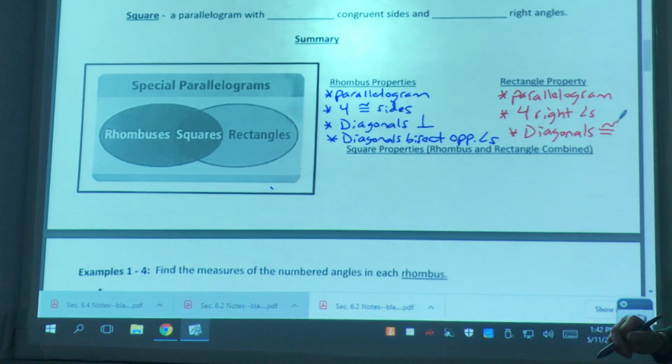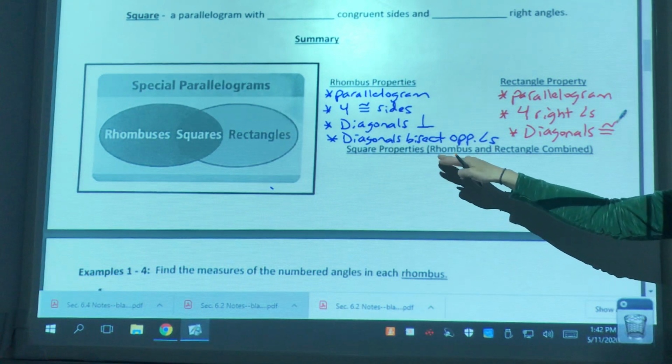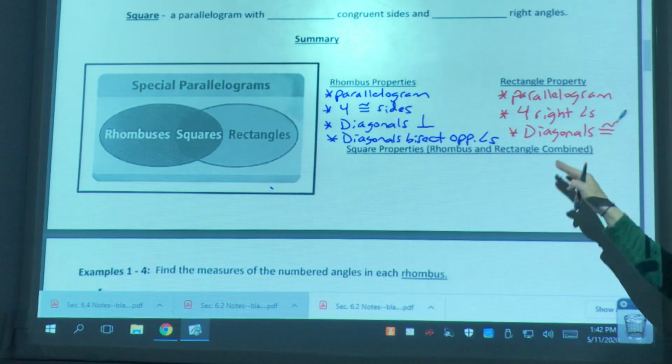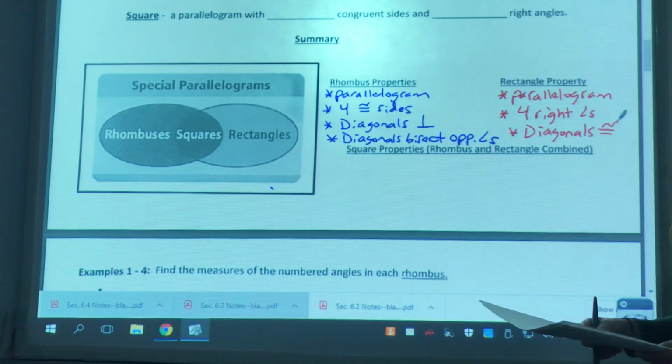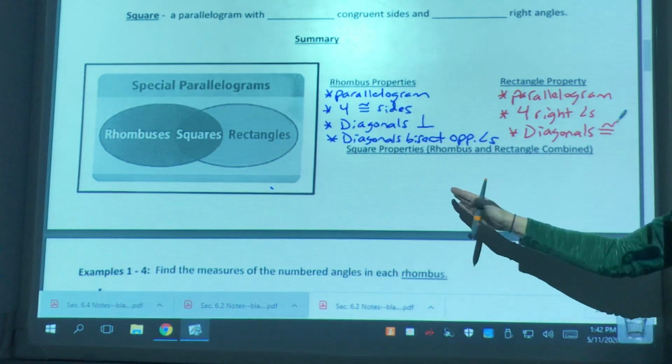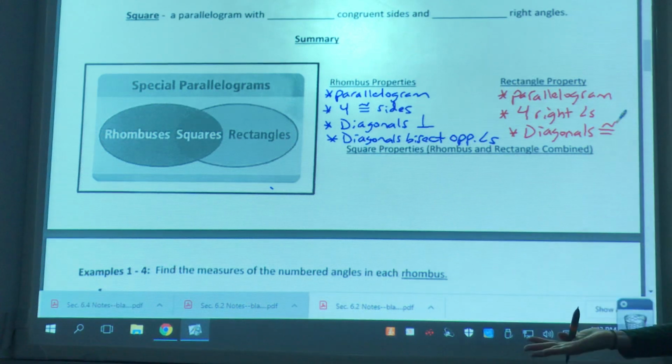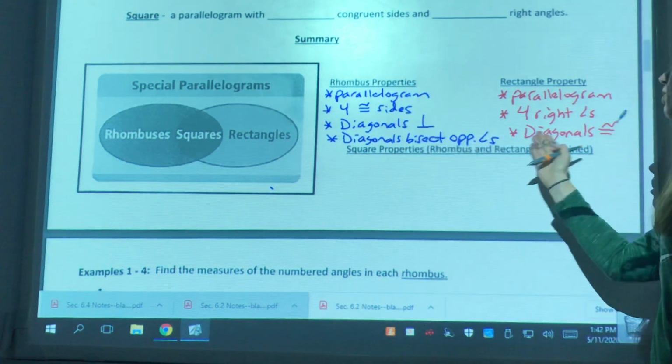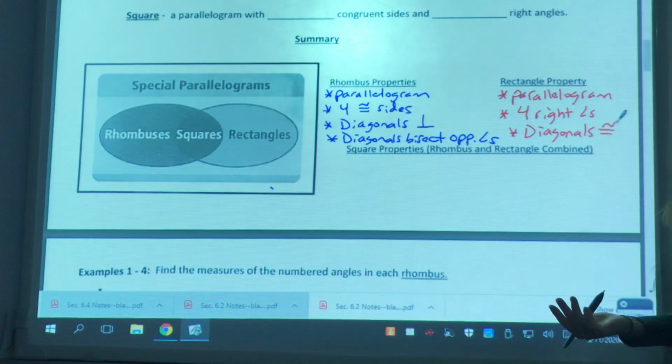Then for a square, we said rhombus and rectangle properties combined. Again, a square has no new properties on its own, but it has all of the properties that are listed right here.